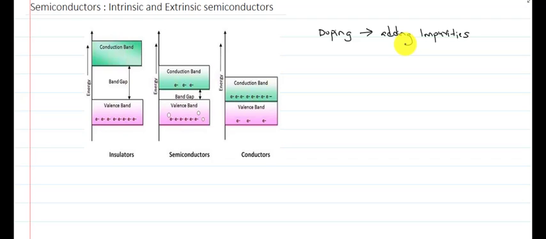So in this lecture we are studying the classification on the basis of the impurities. Semiconductors in pure form are known as intrinsic semiconductors, and semiconductors in impure or doped form are known as extrinsic semiconductors.